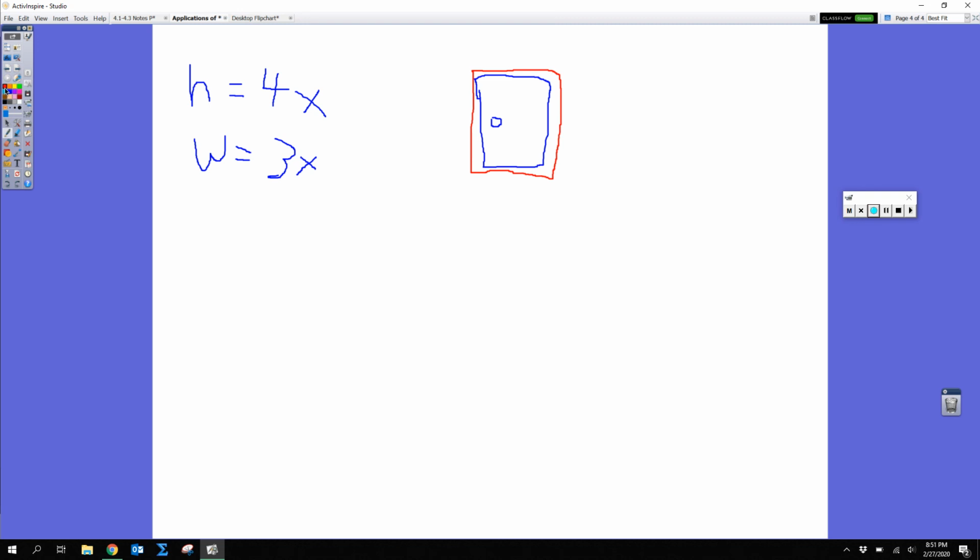So if our height is 4x, we know that the trim is going to be adding 2 centimeters to that height, so we'll add 2. And then we're doing the exact same thing with our width. It has 3x, and we're going to be adding 2 to that. So these are our two quantities, 4x plus 2 and 3x plus 2.